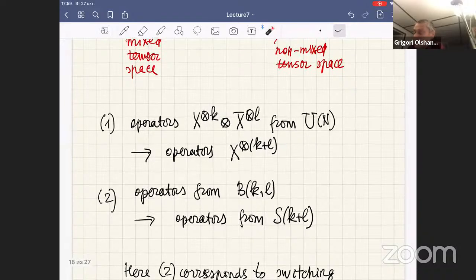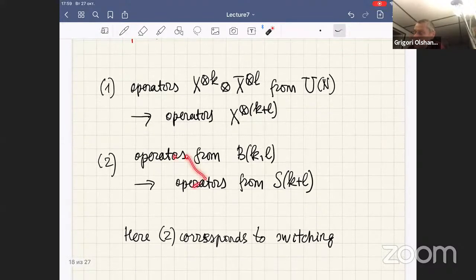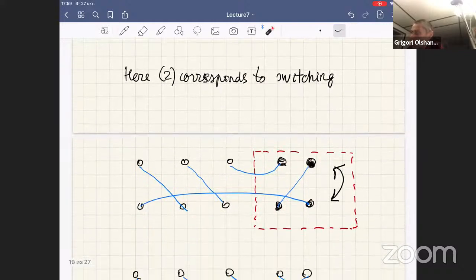And under this isomorphism, the operators from the semigroup turn into operators from the symmetric group. And there is again no miracle here, because this transformation just can be interpreted as switching. I mean here. We look at the picture which corresponds to the black nodes. And let's switch the top and bottom levels.